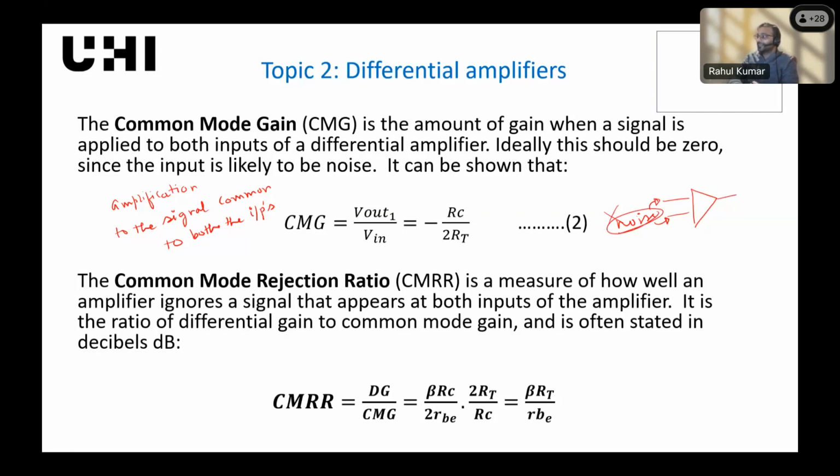It should reject this common signal or common noise to both my inputs, right? So we want RC to be as big as possible and RT to be as small as possible.